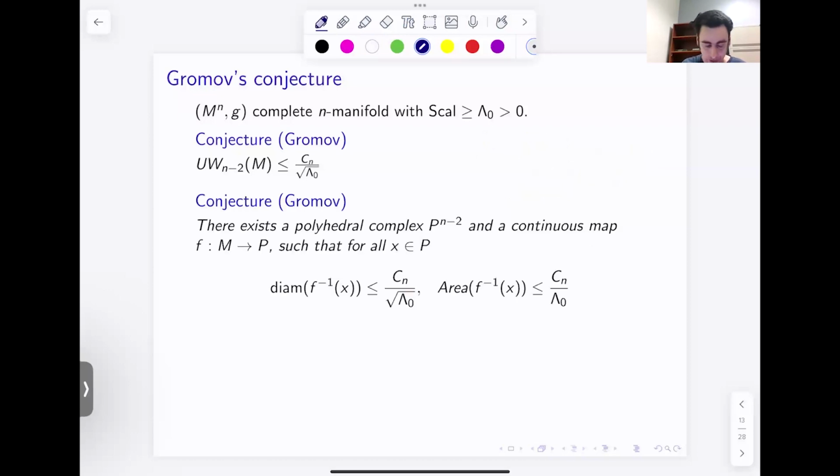There's an even stronger version of this conjecture, a more recent one, that not only you can foliate your space by fibers of a map into an n-1 dimensional space whose diameters are small, but you can also guarantee that the areas will be small at the same time.